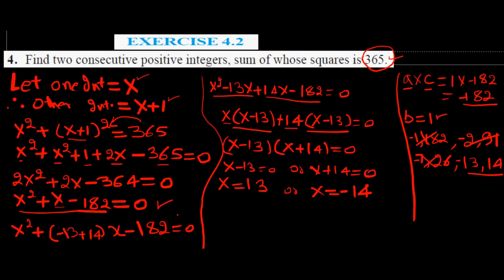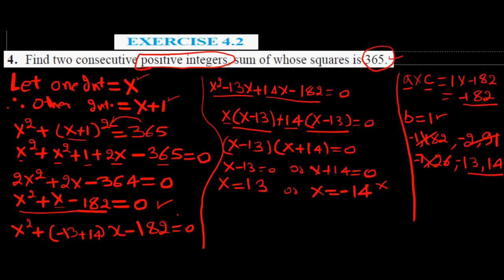But if you see the question again, it is saying that we have to find two positive integers. Because we have to find positive integers, I cannot take minus 14 as my answer because this is a negative number. So x is equal to 13 is the right answer.